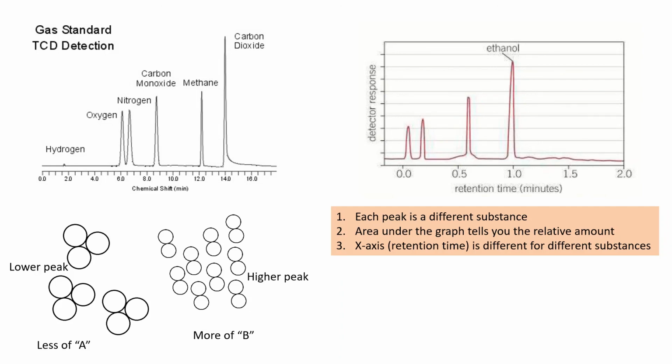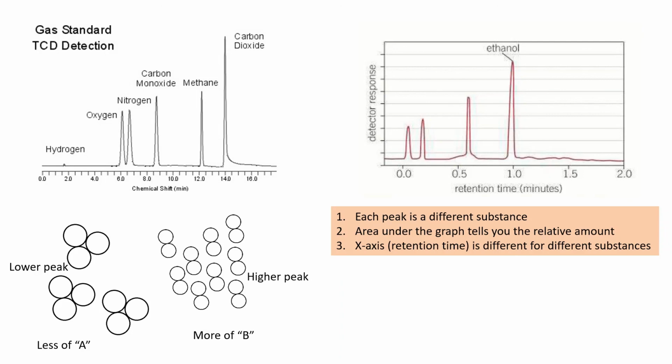And the retention time, which is on the x-axis, tells you how long that particular substance in that sample spends in the column. For example, the longer the retention time, the longer it spends in the column, and that means it is attracted to the stationary phase.